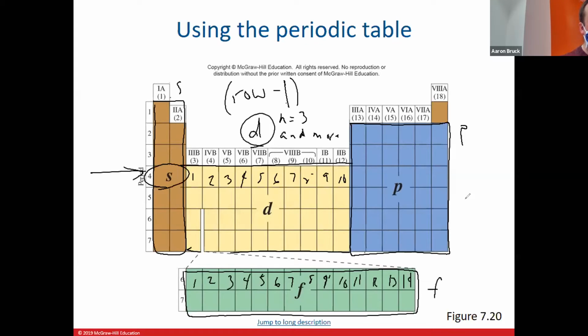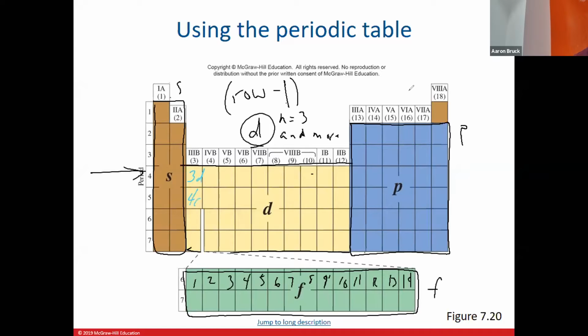So what this means is that this is actually the 3D.